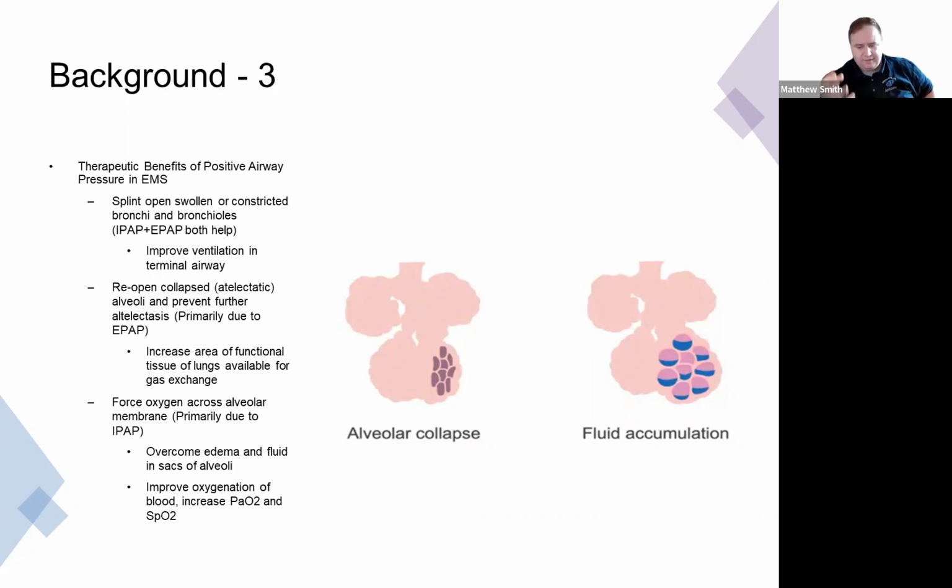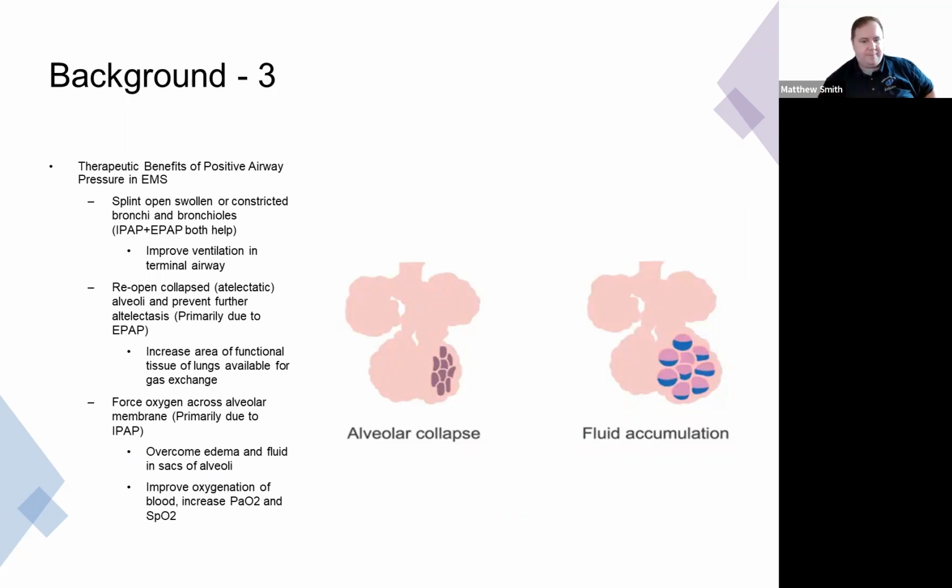So if an alveolus is collapsed, there's no airflow over the surface of that alveolus, and gas exchange isn't occurring. If we reopen it, then that surface area becomes, again, available for gas exchange to take place, and so we can increase the amount of actual ventilation with the environment that's taking place. Okay, so then the third thing, there are three primary benefits here.